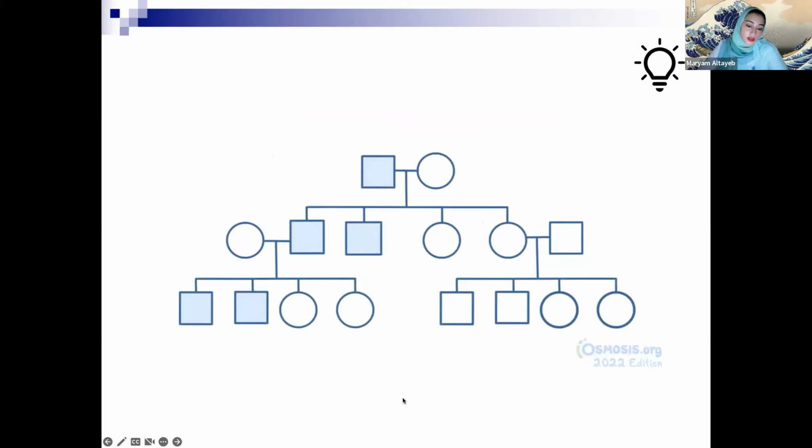How about this one? This is gonna help you differentiate between the two. So first, males are always affected, right? Males in every generation. Okay, and the father always passes it on to his son, but never passes it on to his daughters.